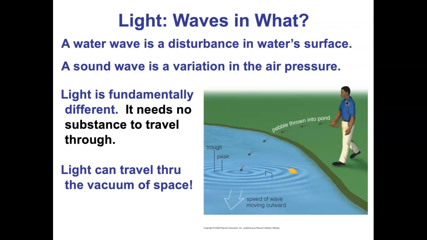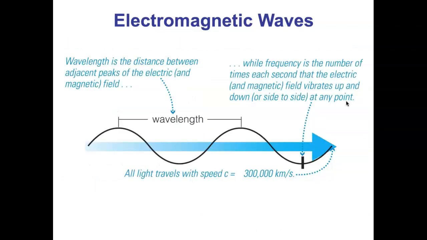You don't need a medium to carry the wave, because the light wave essentially carries itself by traveling with the electric fields that it's made of. Right? The light wave travels by having that electric field vibrate up and down and so on as that light wave ripples through space.